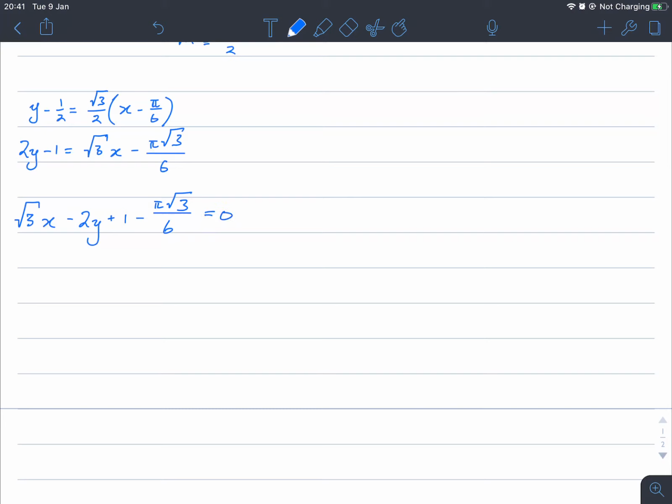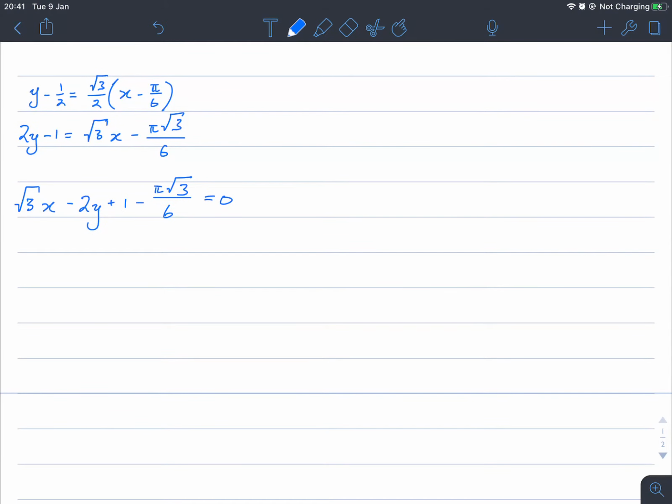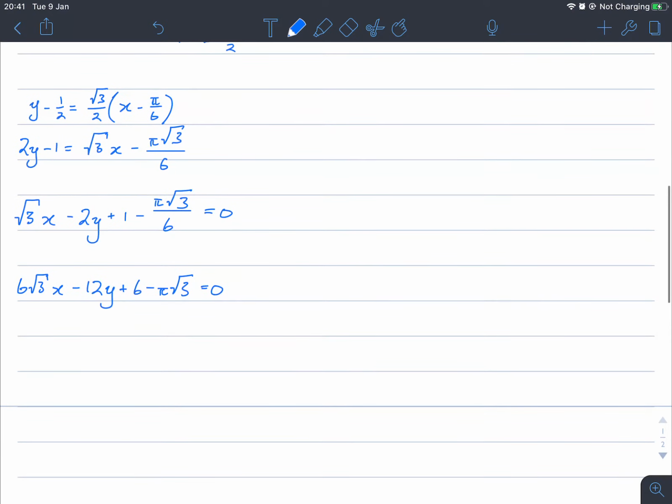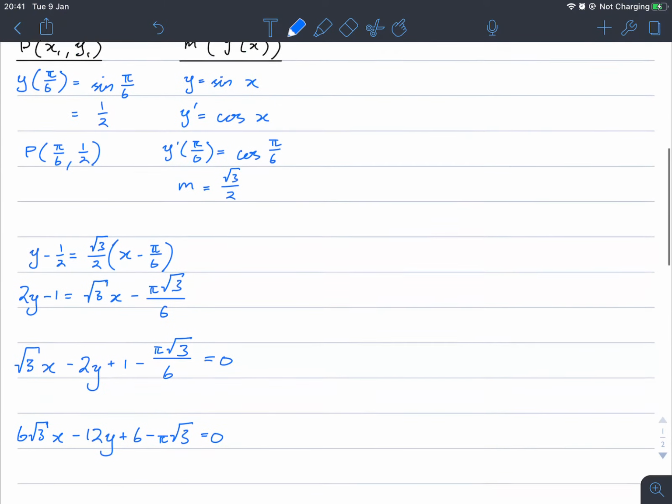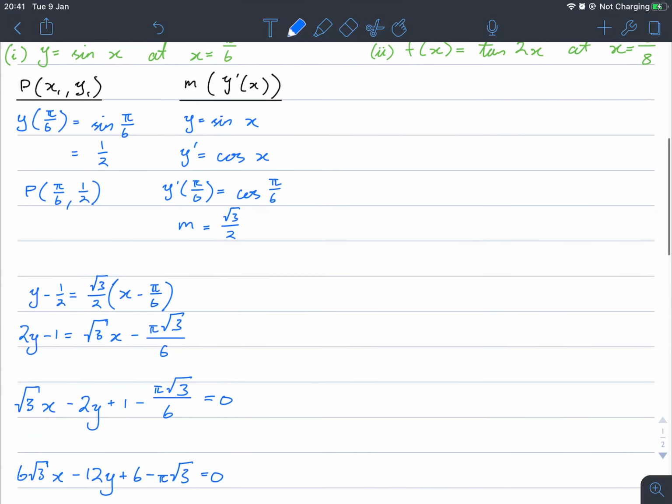And lastly, I'm just going to multiply by 6 to make it all with no fractions. So multiplying by 6, we get 6 root 3x minus 12y plus 6 minus pi root 3 is equal to 0. That is our equation of the tangent at the point pi on 6.